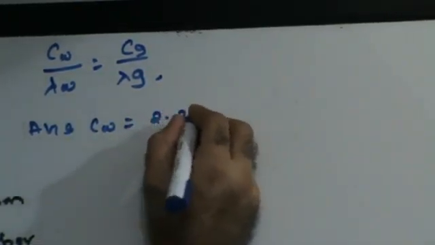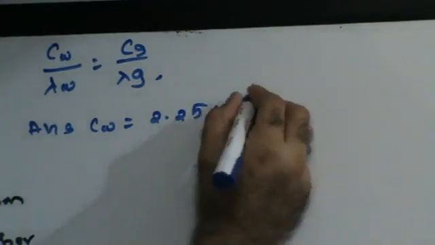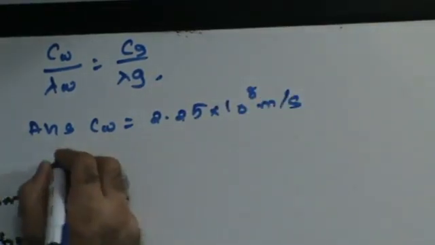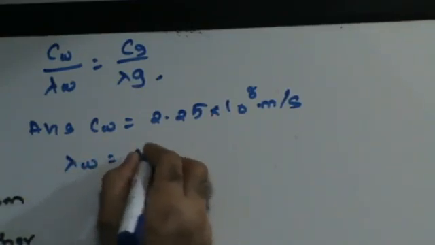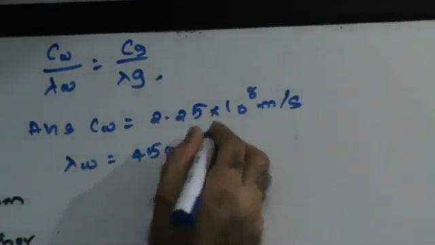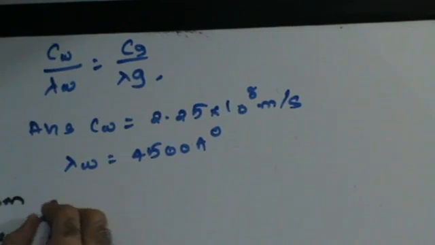Out of which I already know CW, I have already found out. CG I know, lambda G I know. The only unknown is lambda W. I should be able to find that out. The answer for this should be CW is going to be 2.25 into 10 raised to 8 meters per second, and lambda W is going to be 4500 Armstrong unit. Next, take on next one please.